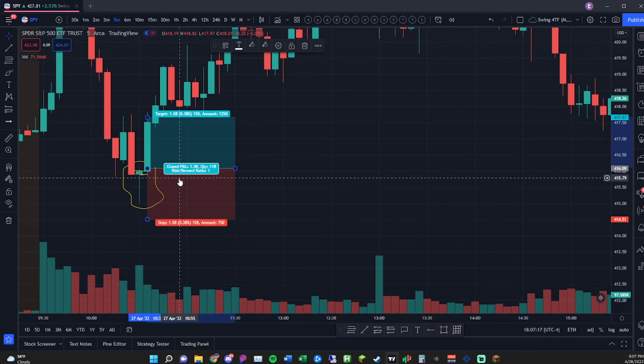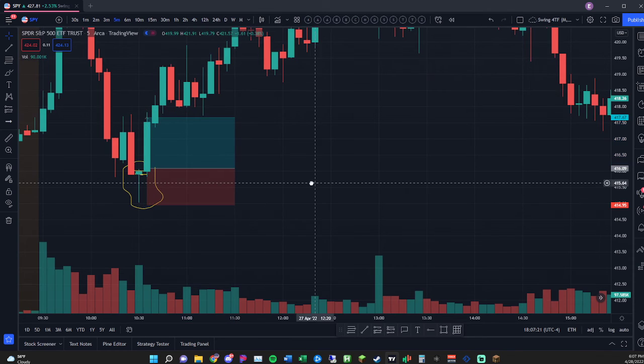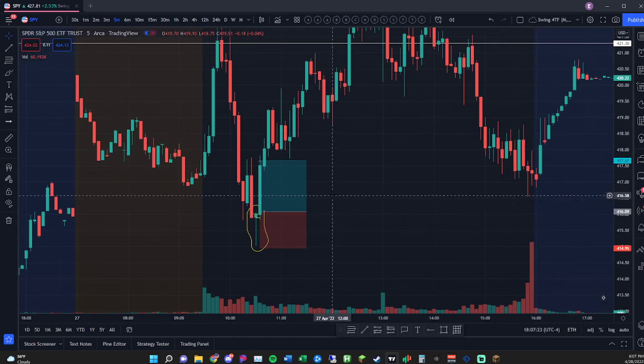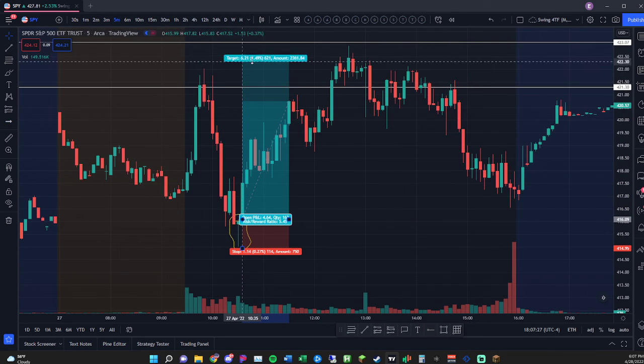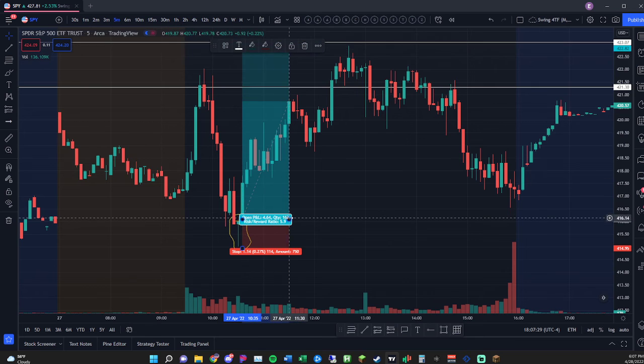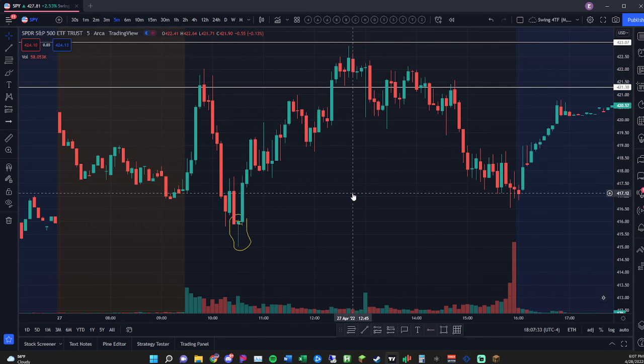And after that, my stop loss would be below that candle, right about there. And as you can see, we have the benefit of hindsight, but just by playing that candle right there, you would have had a 5 to 9 risk reward ratio. And so that is why knowing candlesticks, knowing how to read a chart is incredibly vital.